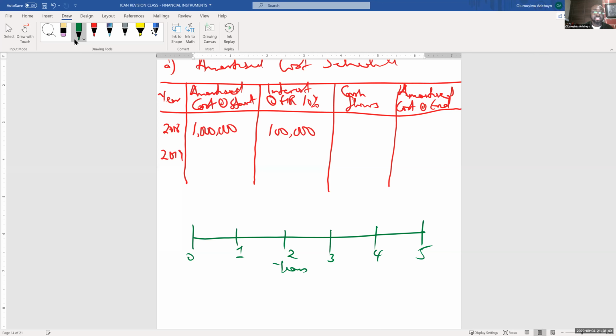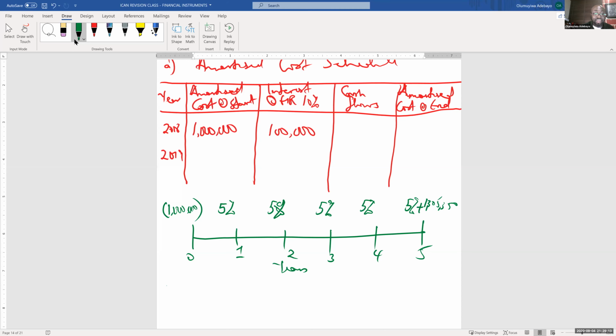My cash flow, I invested 1 million, which went out. In year 1, I'm to get 5%. Year 2, 5%. Year 3, 5%. Year 4, 5%. Year 5, I'm supposed to get 5% plus, in Naira value, the redemption amount.